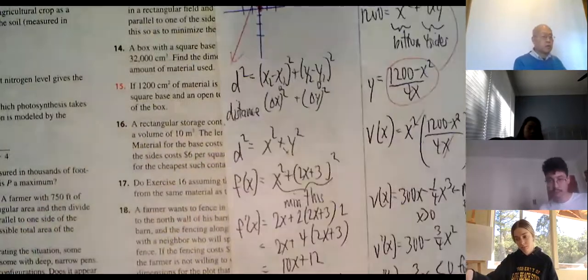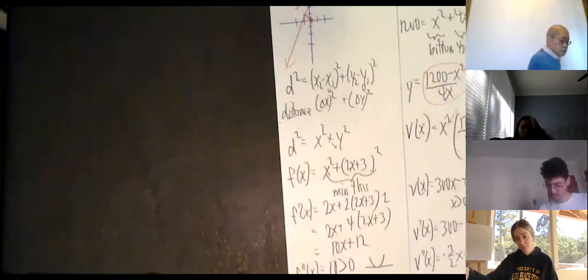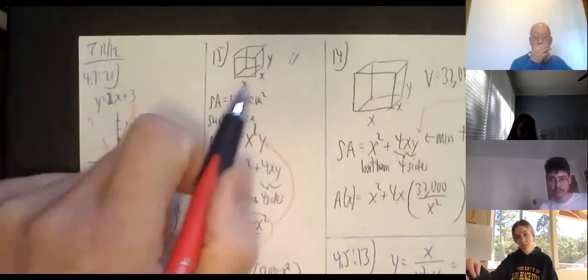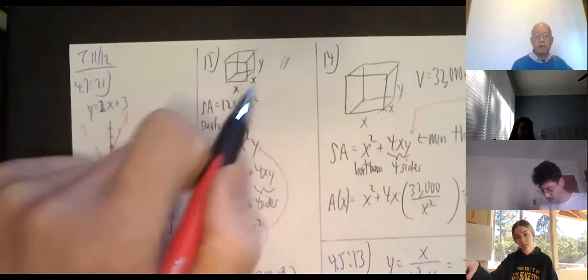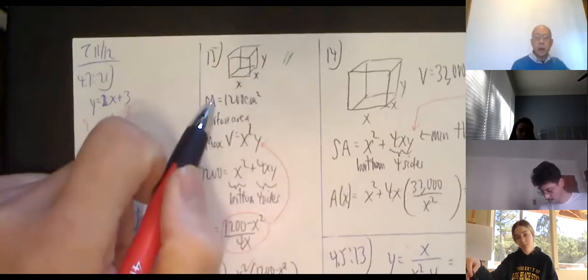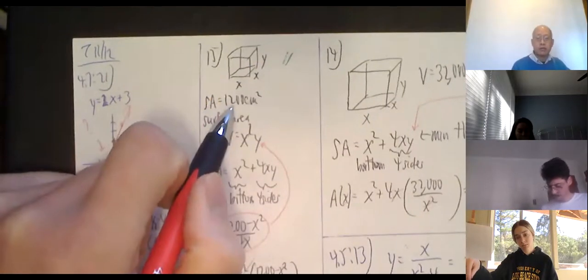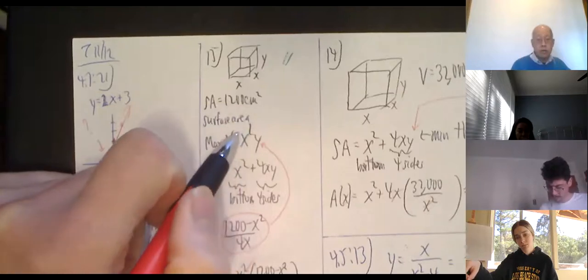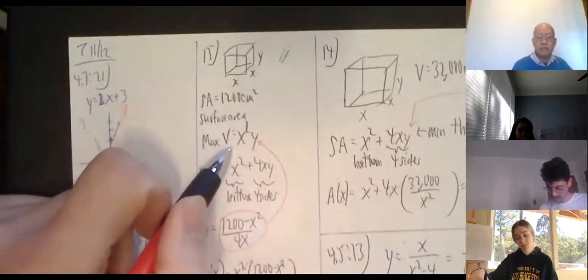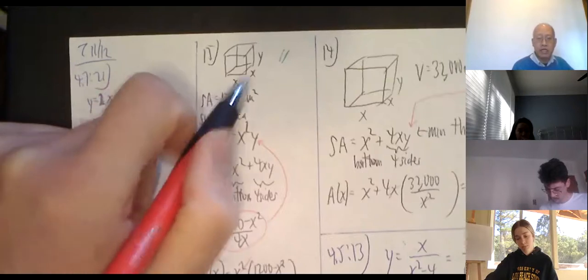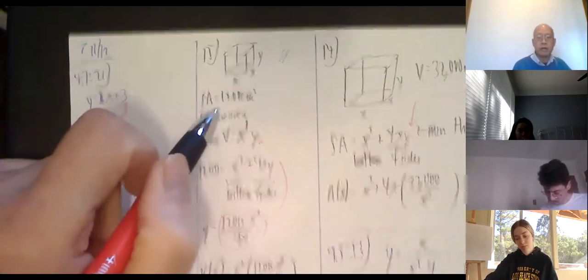Okay, so the picture looks like this. Square base, open top, x by x by y. Surface area, they told me, is 1,200 centimeters squared. And you want to maximize the volume. So the volume is x squared times y.